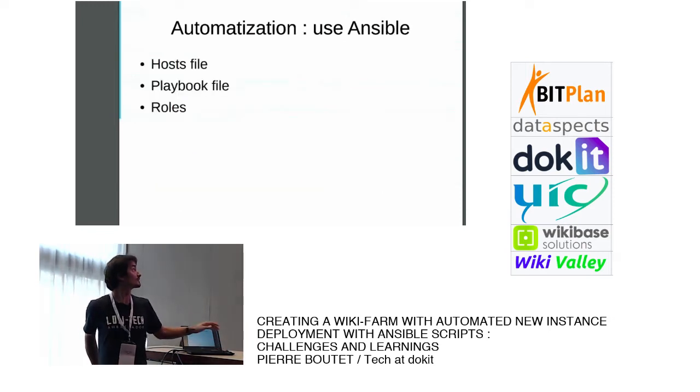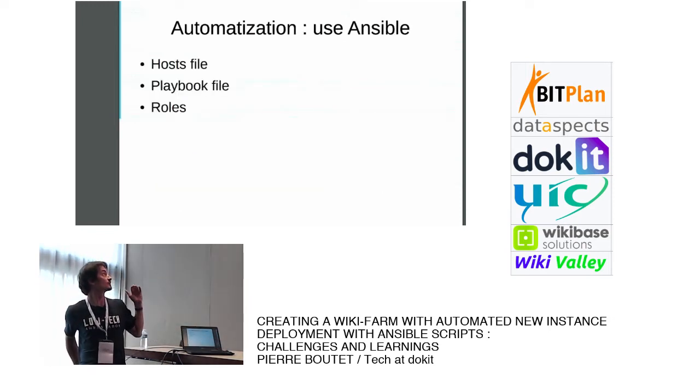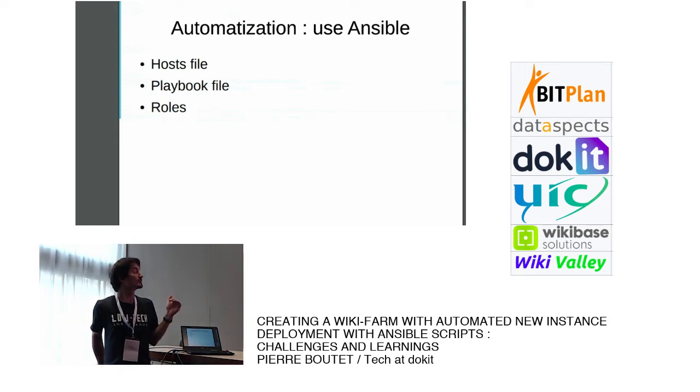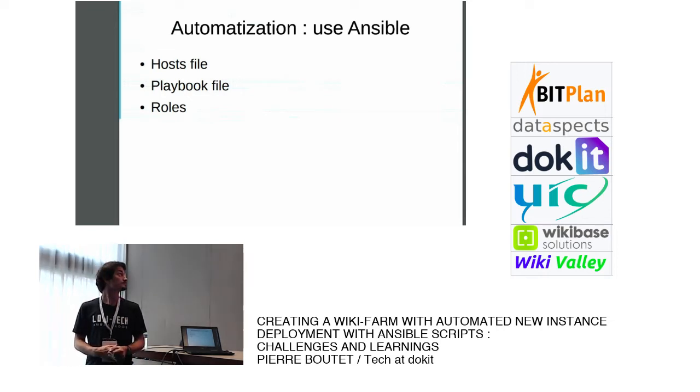So Ansible, what is it? Just host files where we can list your servers with IP address and eventually configuration, private key, private IP address, etc. And you have playbook files. Playbook files are the configuration you build for your servers.